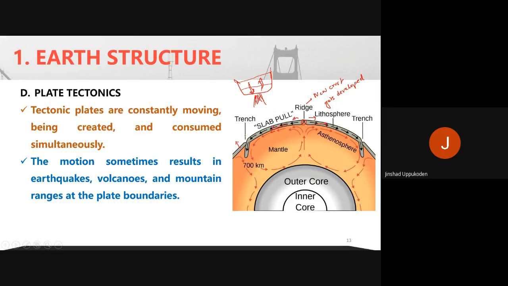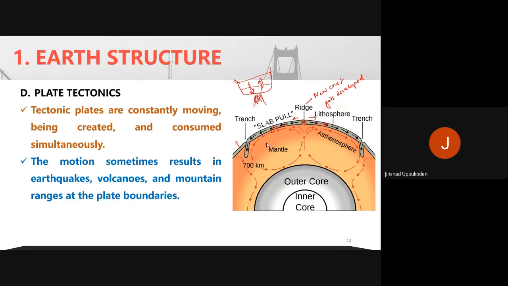This is an area where there is a plate boundary. One plate is going beneath the other plate. When it goes beneath the other plate, it gets molten, and finally it becomes part of the asthenosphere. So this plate is continuously being formed as well as destroyed.